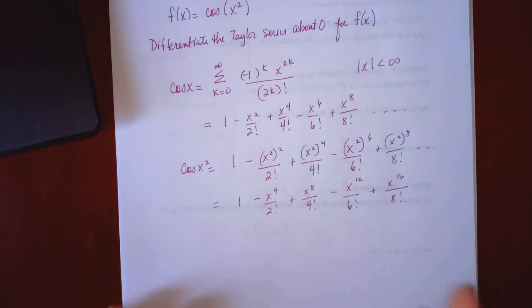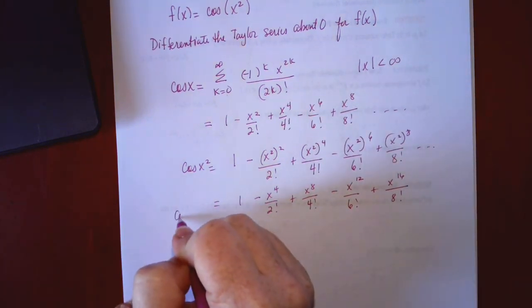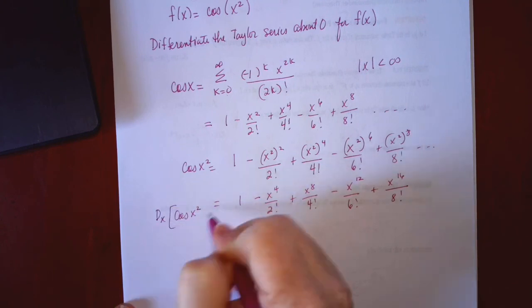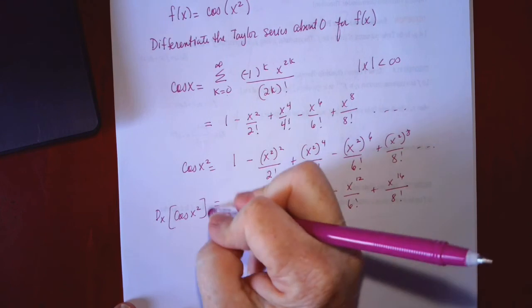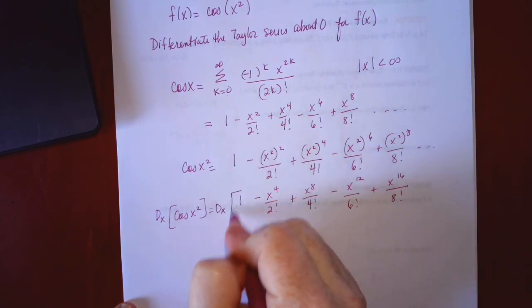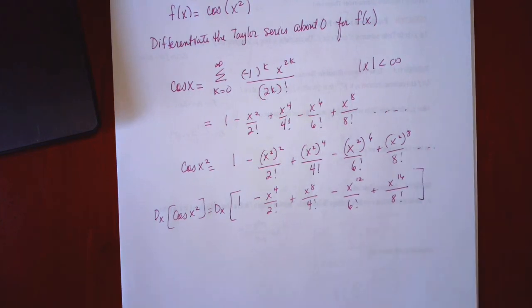We wanted to take the derivative. So the derivative of the cosine of x squared will be the derivative of this.